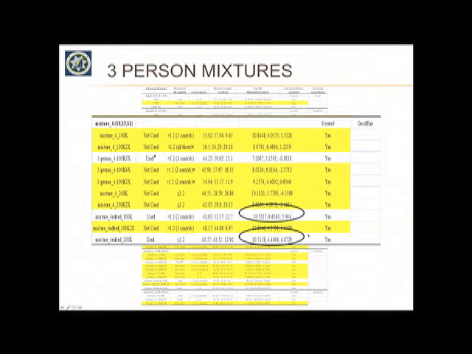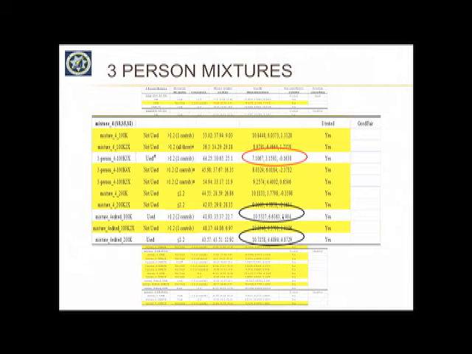But you can see, if you look at the log likelihood ratios, that's what I have circled, that the log likelihood ratios for the 3 contributors are very consistent and close to each other, as you would want for reproducible analyses. And when you compare it to my original analysis that included that polymer spike, you can see that the 2 new ideal analyses generated higher match statistics for all 3 contributors.